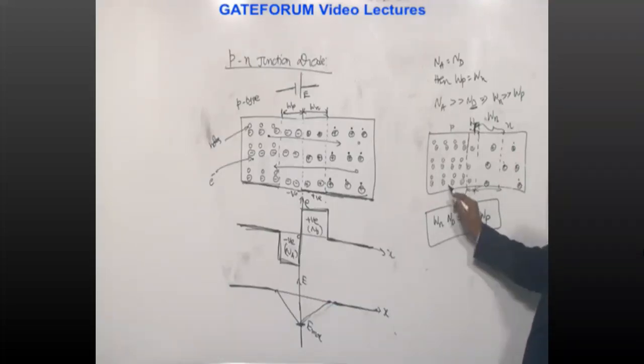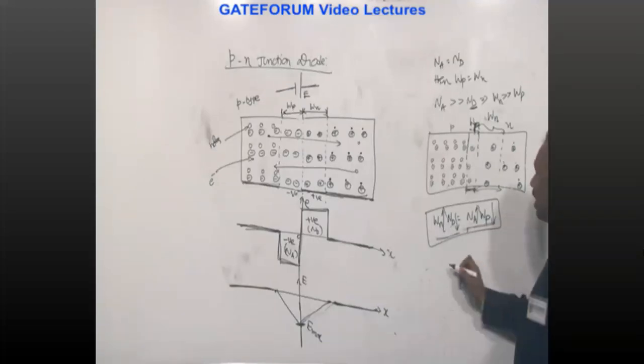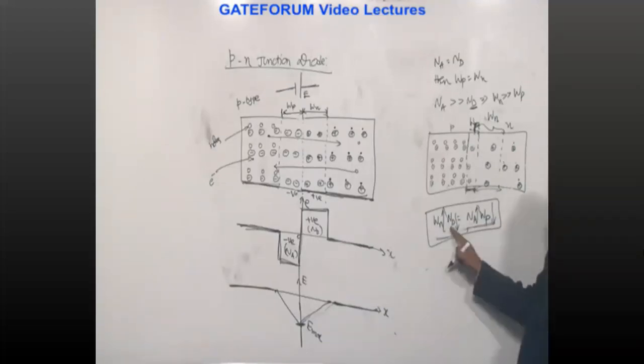Here impurities are added more. Na is more, therefore automatically Wp is very small. Here Nd is very less, Wn is very large. Overall both are going to be the same. Therefore the relation is Wn into Nd equals Na into Wp.